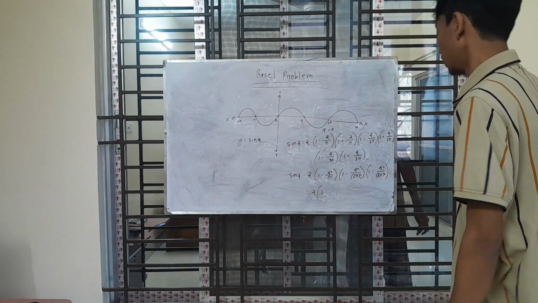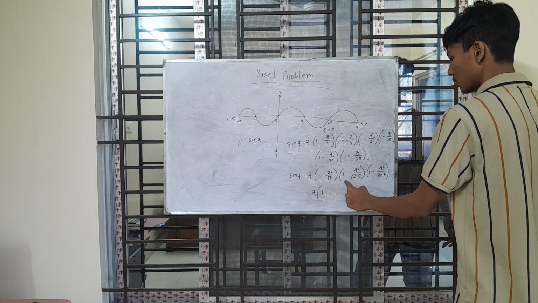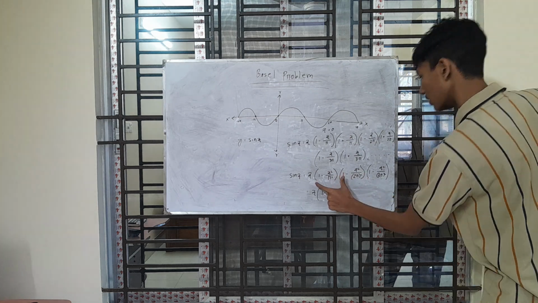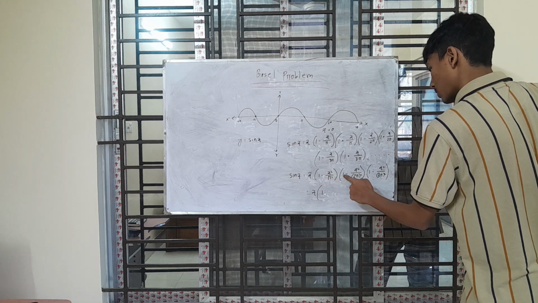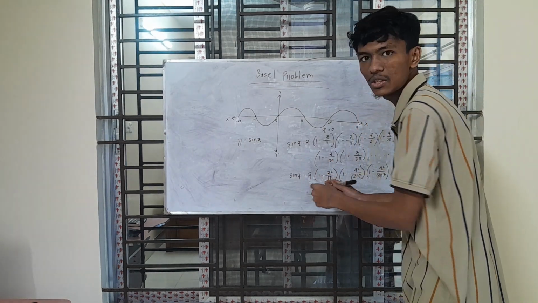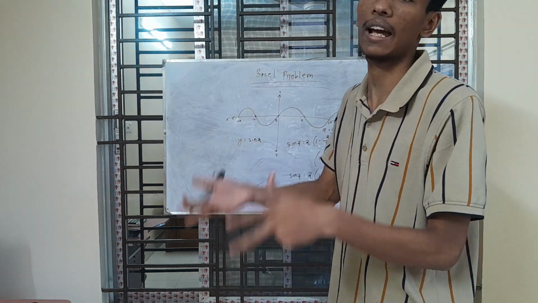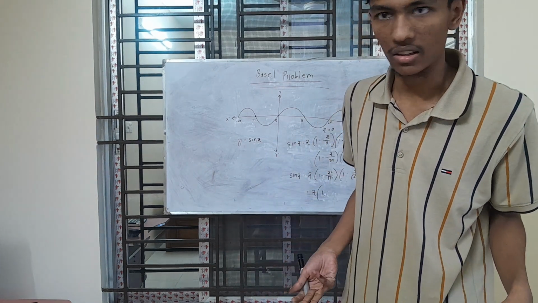Then if we multiply x squared by pi squared to this and this, after multiplying, we are getting a result.